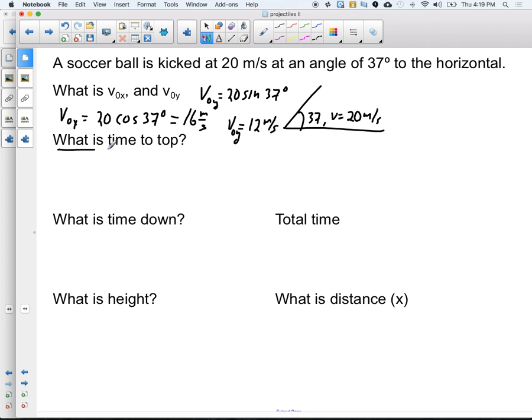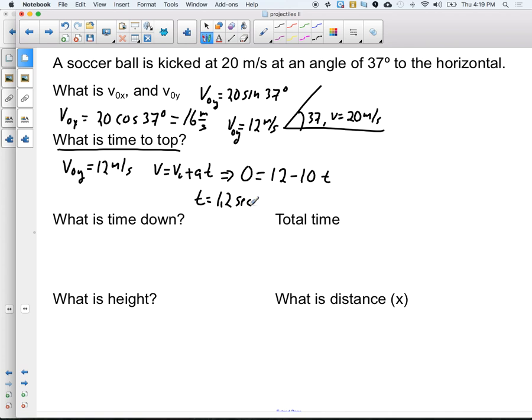How long does it take to get to the top? Well, if the initial velocity in the y direction is 12 meters per second, as we've done a bunch of times before, we can write v is equal to v0 plus at, and I'll write that as 0 is equal to 12 minus 10t. t is going to be 1.2 seconds.